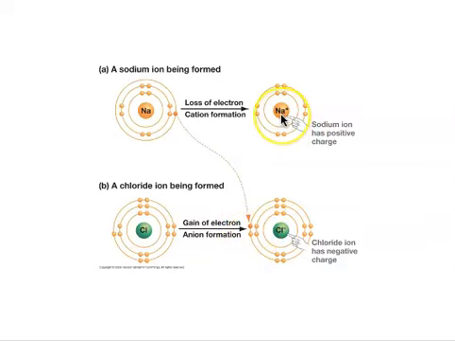The sodium atom has lost an electron, so now it no longer has any unpaired electrons. This again removes the problem of those unpaired electrons. It just does it in a different way. Instead of sharing the unpaired electrons, these two atoms are transferring them and creating an ionic bond in the process.